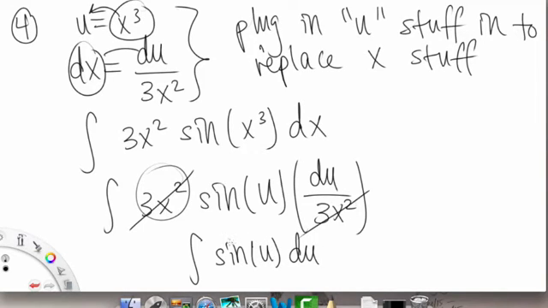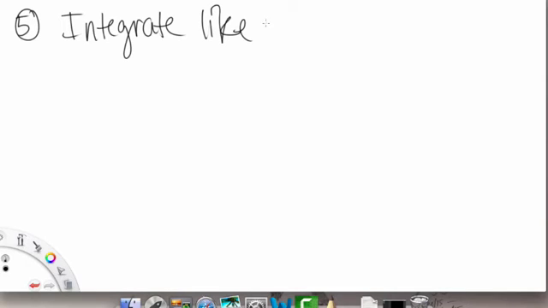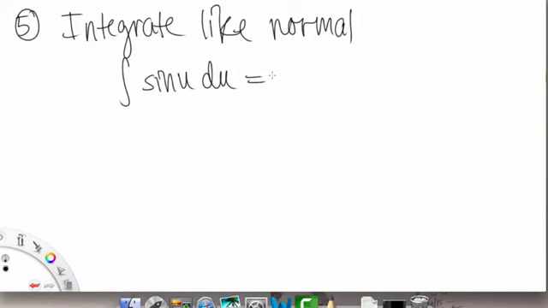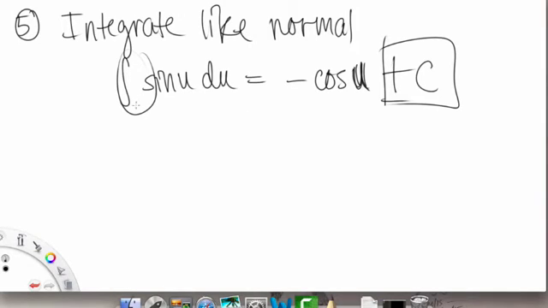Okay, so now at this step, step 5, we're going to integrate like normal. So we're at the step of the integral of sine u du. When we integrate that, we basically just get negative cosine u plus c, because that comes from the indefinite integral, right? We didn't have any limits of integration here. And also don't forget this plus c for our indefinite integral, right?